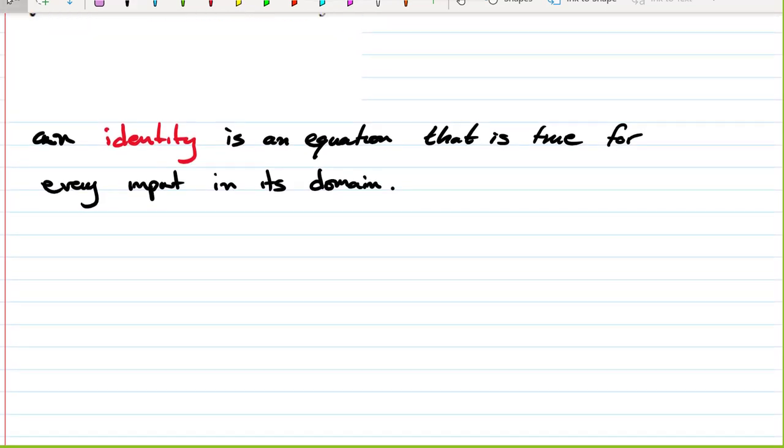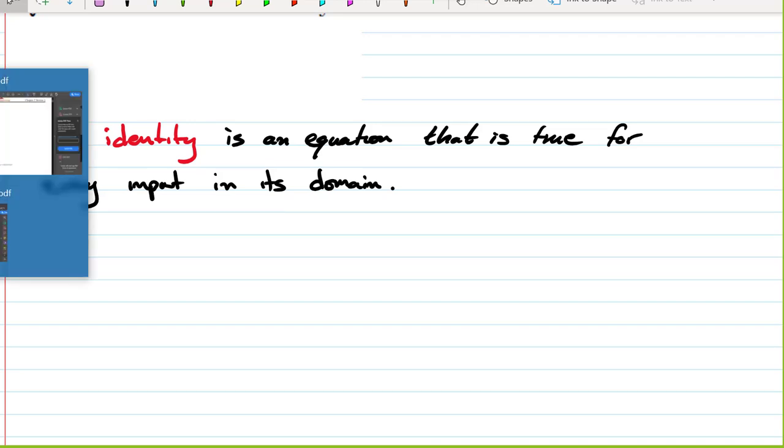So let's think about that for a second. An identity is an equation that is true for every input in its domain.